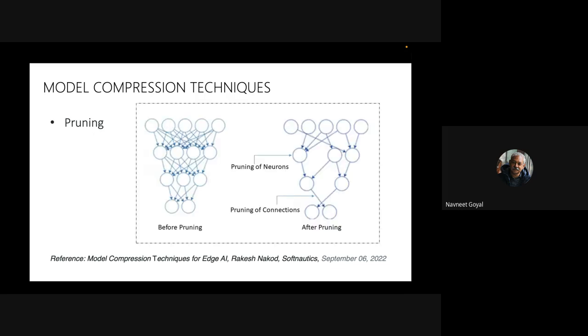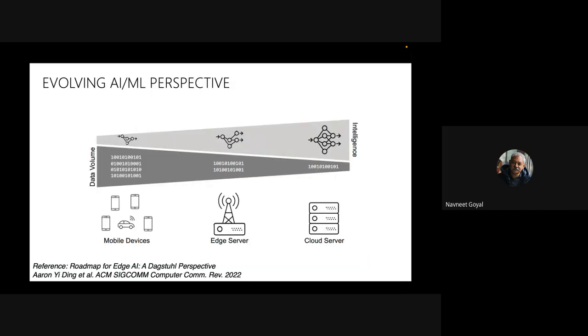This is an example of pruning. Before pruning and then after pruning, you can do the pruning of neurons, pruning of connections. On what basis would you do that? There are many techniques that have been proposed in the literature. In the interest of time, I'll not go there.